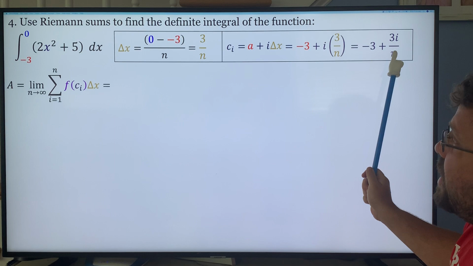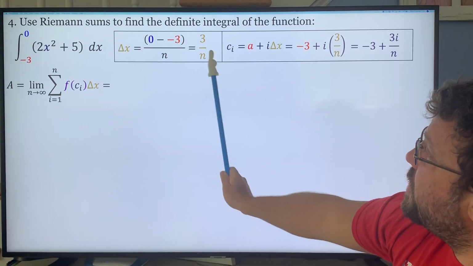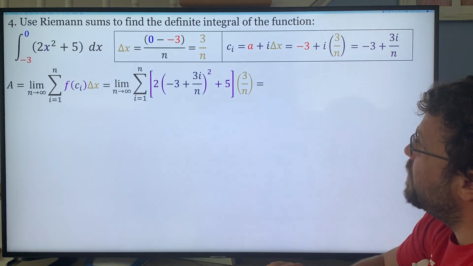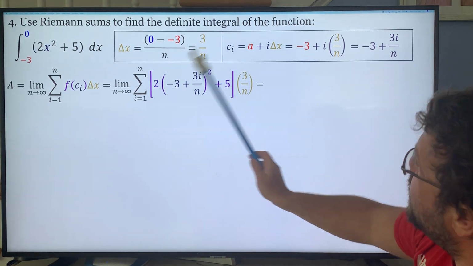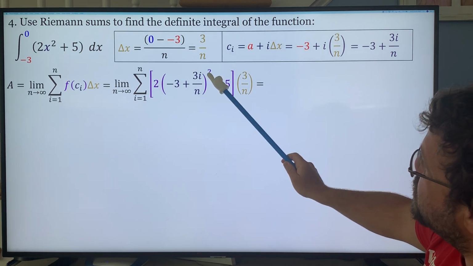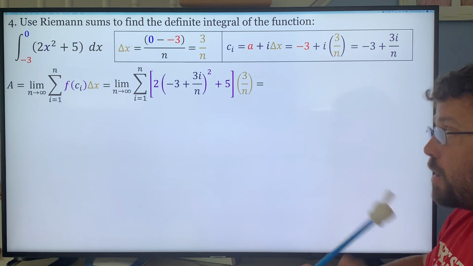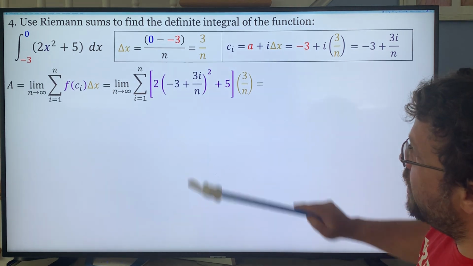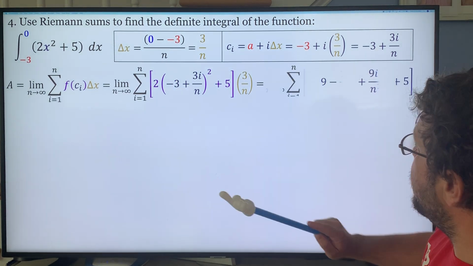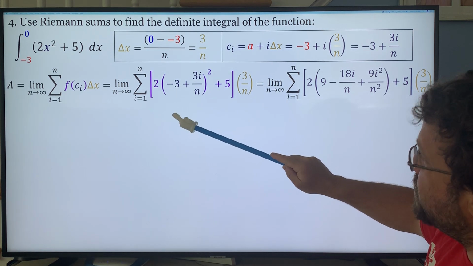We're going to take our Ci and plug it in for x. We take our 3 over n and throw it in at the end. So this becomes 2 times negative 3 plus 3i over n, quantity squared, plus 5 times 3 over n. Good. Exponents first. That thing's going to get multiplied by itself, so negative 3 plus 3i over n times negative 3 plus 3i over n.